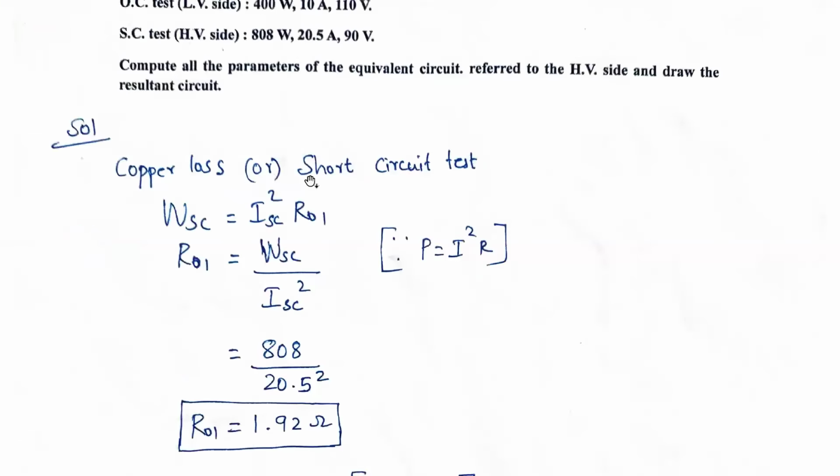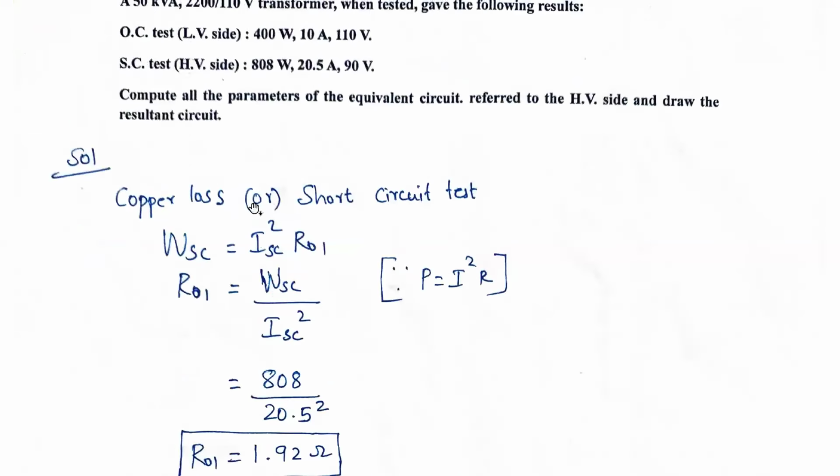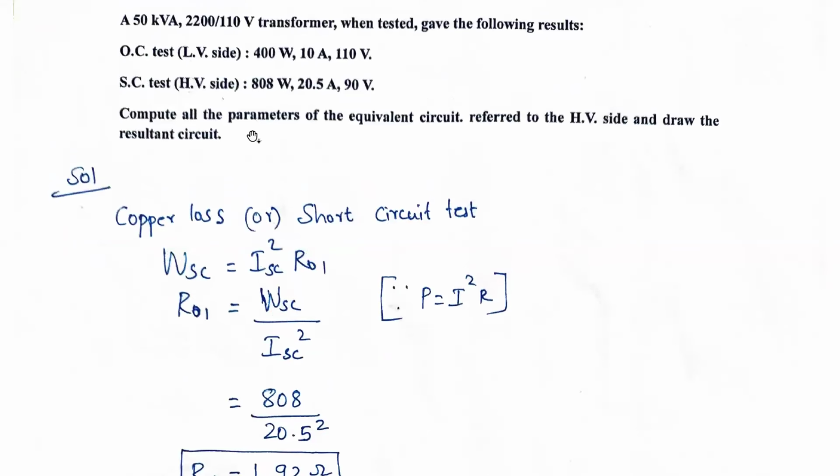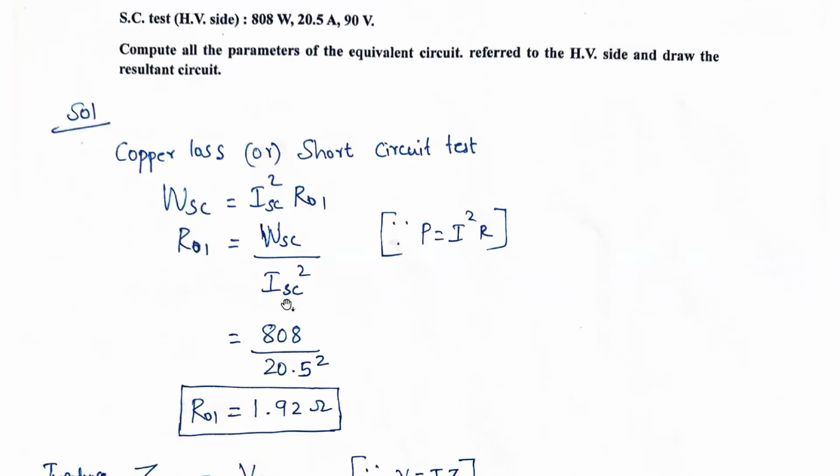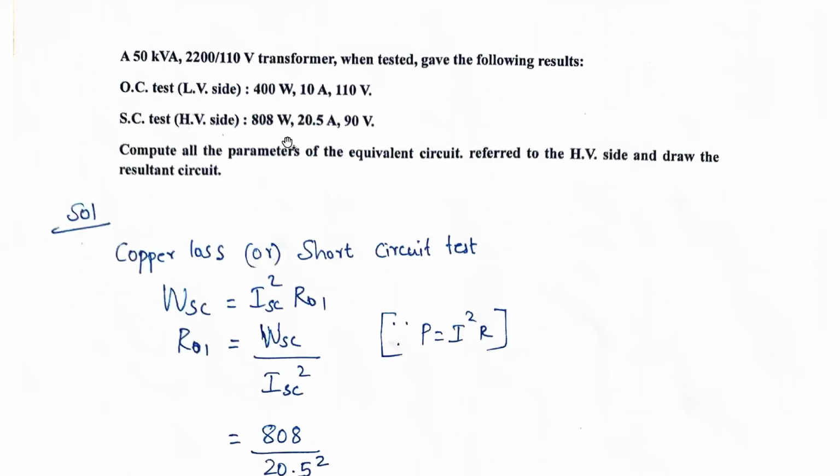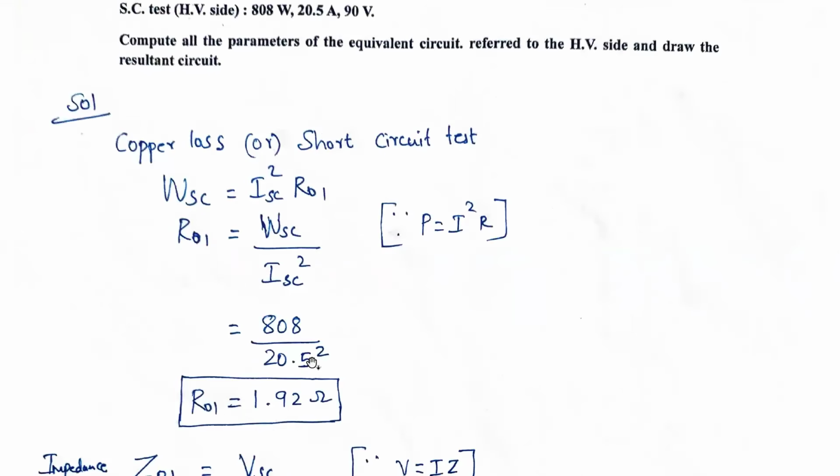So the copper loss is W_SC, and W_SC is equal to I_SC squared into R01. So R01 is equal to W_SC divided by I_SC squared, since P is equal to I squared R. W_SC is 808, divided by I_SC, 20.5 amperes, whole squared. So R01 is equal to 1.92 ohms.